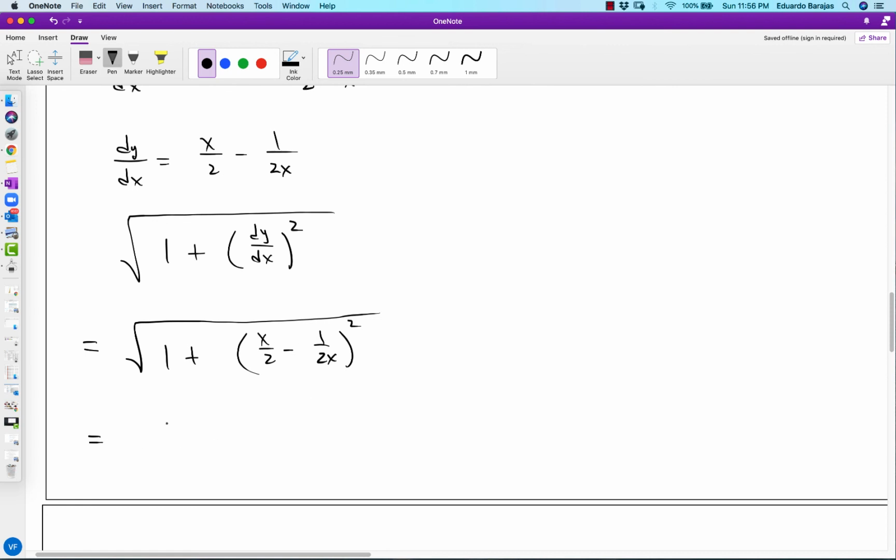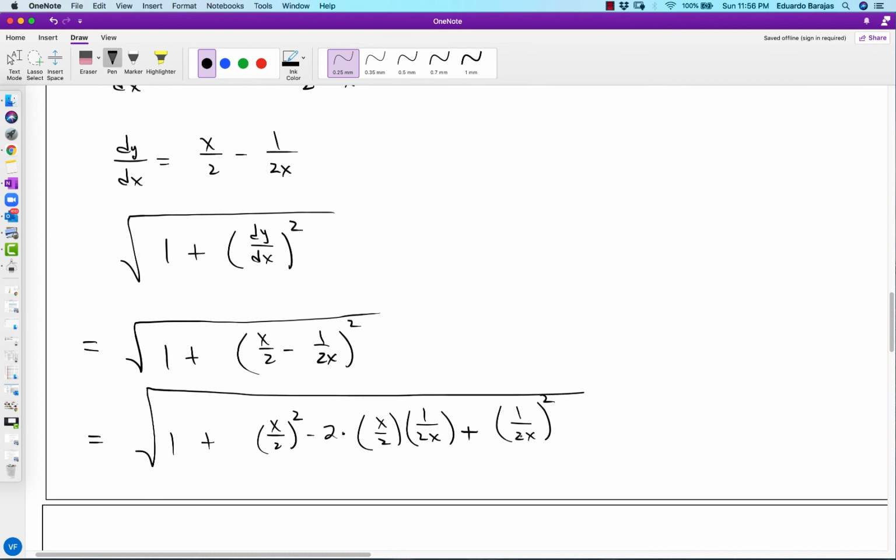And then foiling this out, we get 1 plus, and then the pattern for foiling it is going to be x over 2 squared minus 2 times x over 2 times 1 over 2x plus 1 over 2x quantity squared. That's just foiling this guy out, and then I take the square root of all of that.